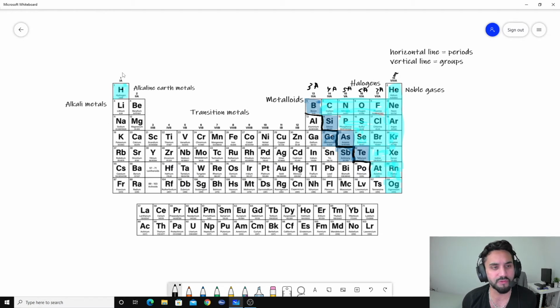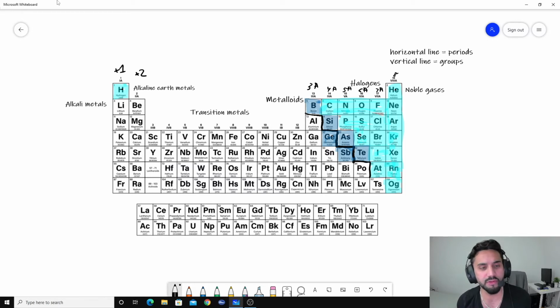So just remember these are mostly +1 charge. Group 2 here, starting with beryllium, we call these alkaline earth metals, and these are going down all the way. They mostly have +2 charges in ion form.